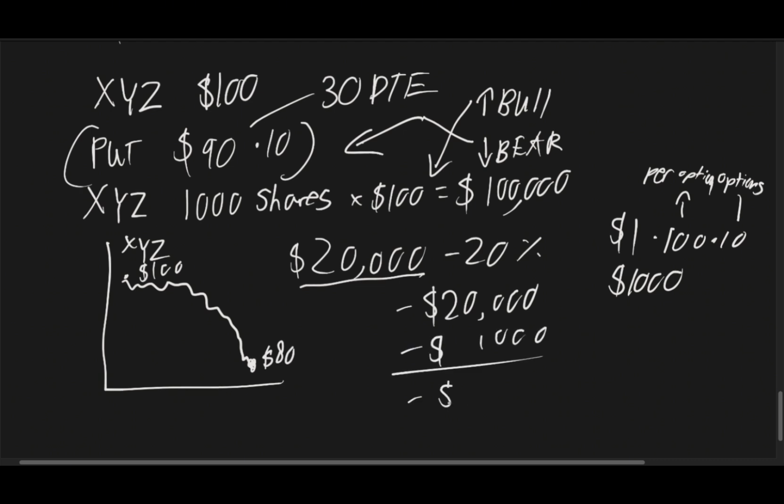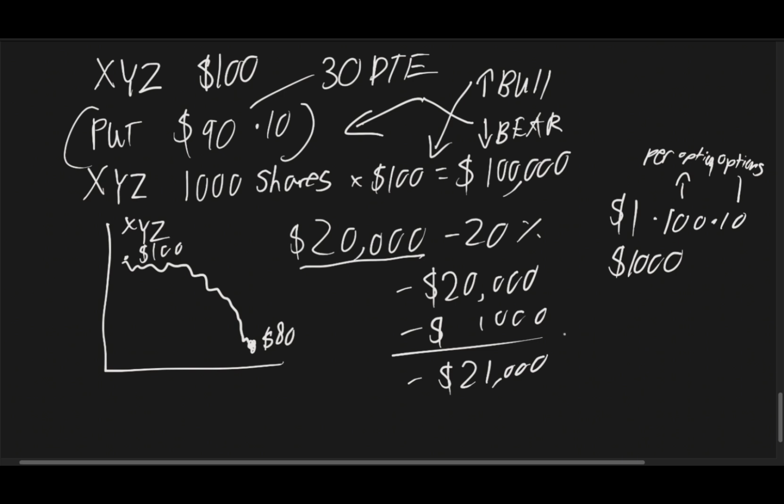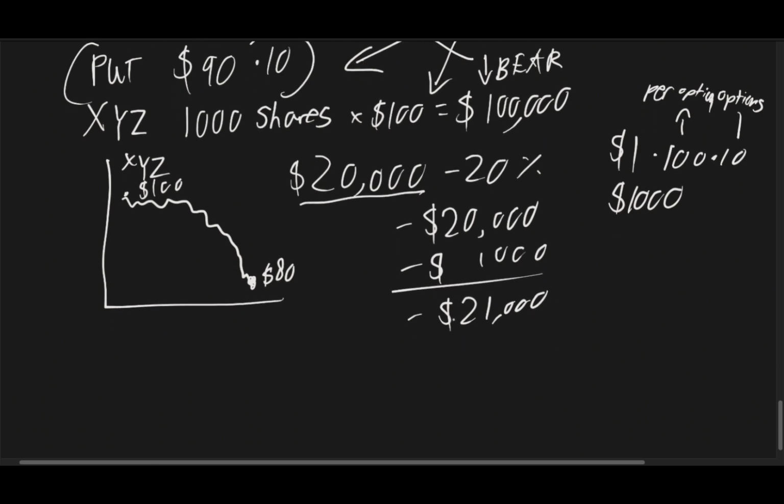So you would have a loss of $21,000, but we also have the profit from this put option. The put option would profit us $90 minus the current price of $80. So it would be $10 per share times how many shares do we have? 1,000.